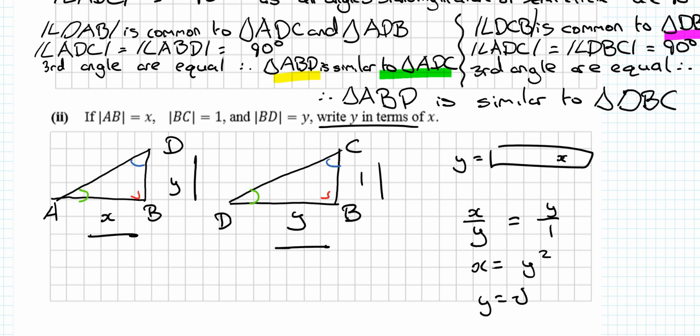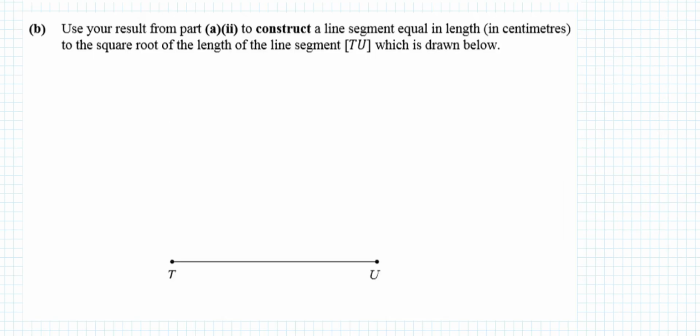Y is going to be the square root of X. So if you go back and look at A, imagine this length was X here. And if you were to extend it 1 centimeter, and call this 1 centimeter. I'm actually going to color it a different color.